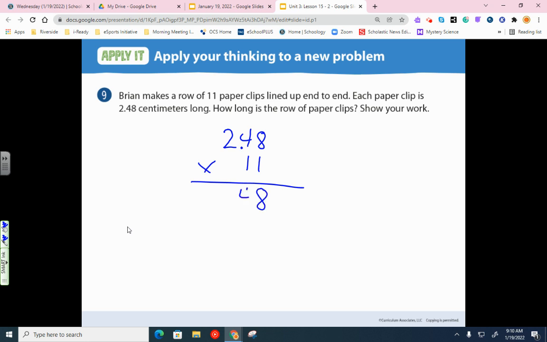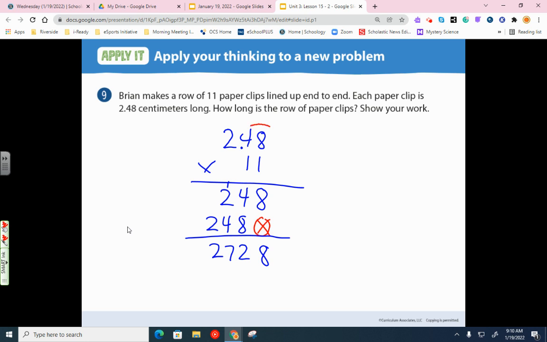We got 8, we got 4, we got 2. And then on the next line, we put our placeholder 0. We got 8, 4, and 2 again. So we got 8, this is 12, 7, this is 2.